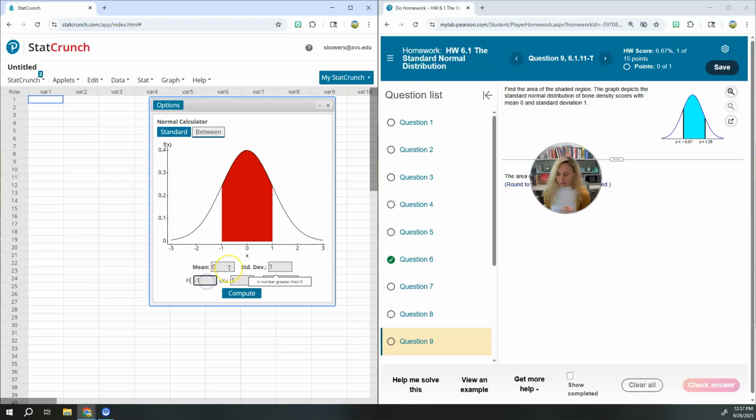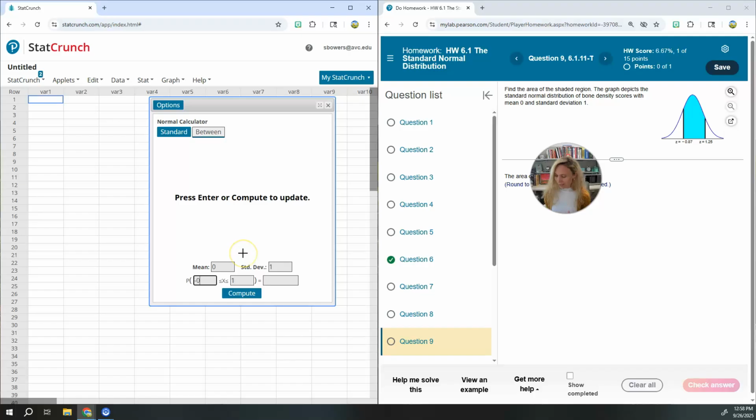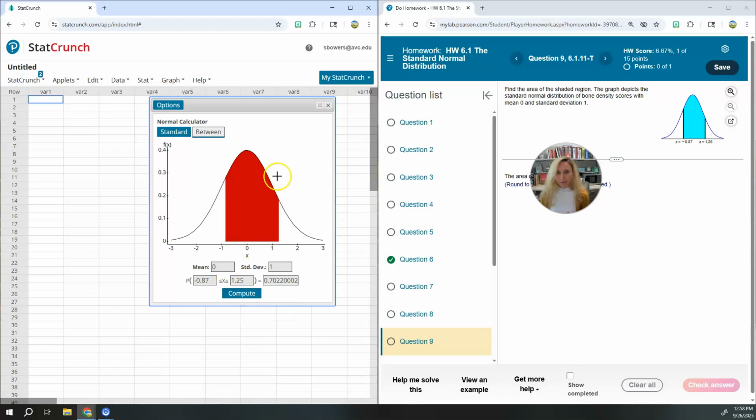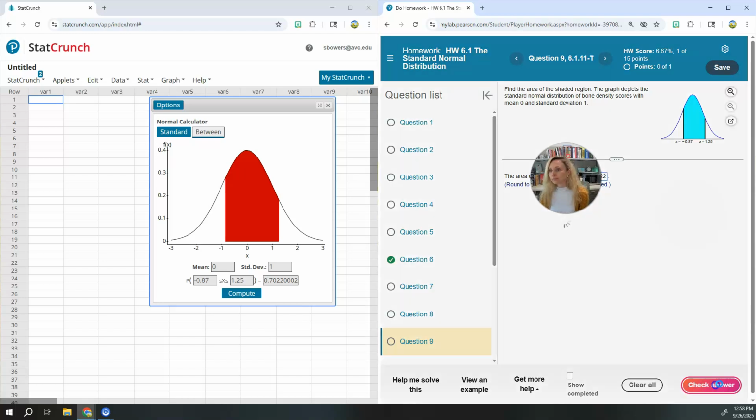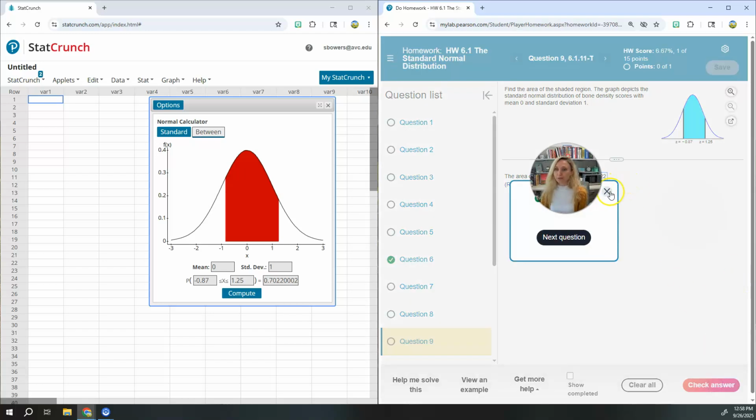All we need is to enter negative 0.87 to 1.25. The area, which we can see visually shaded under the density curve, is 0.7022. We need to round to 4 decimal places. Great.